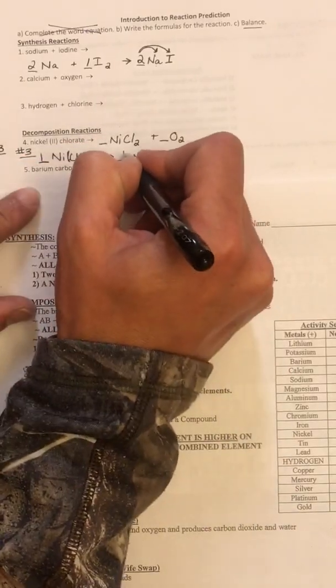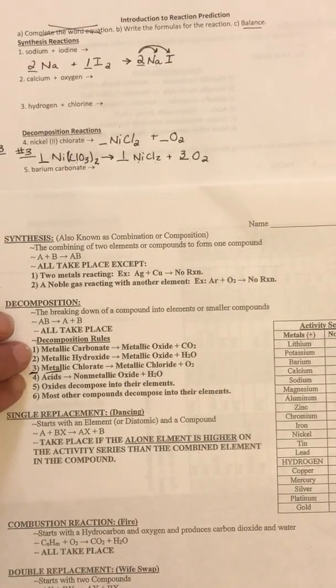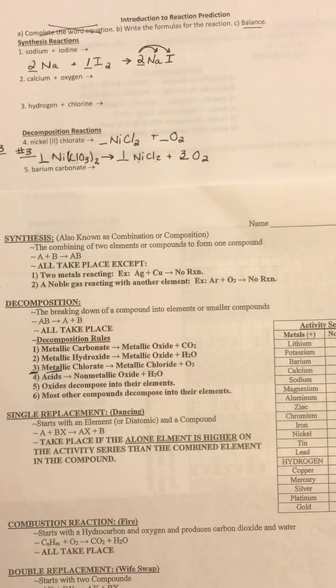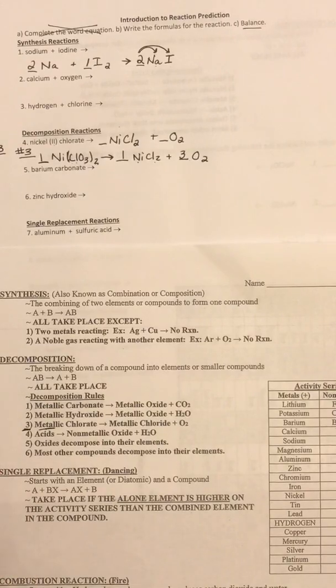So these just become 1 coefficients there. So that is it for number 4. So decomposition, you are going to follow one of these rules down below. I'm going to cut the video off and I'll let you finish up the other questions 2 and 3 and 5 and 6, and then I'll do another video for the remainder of them.